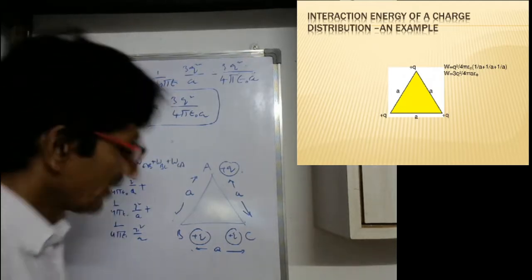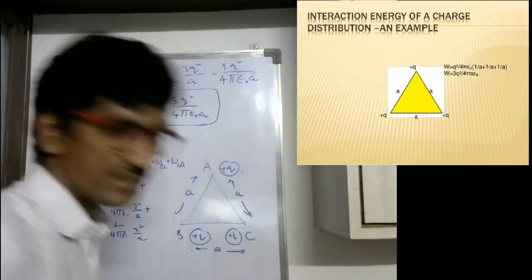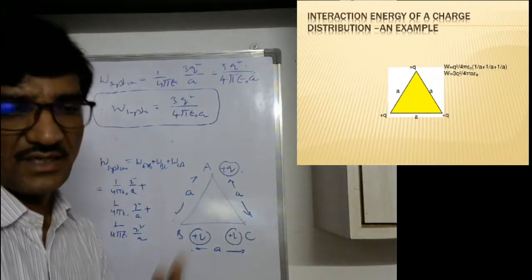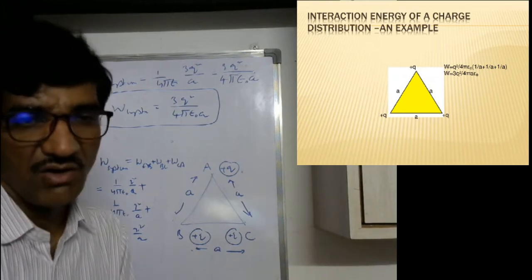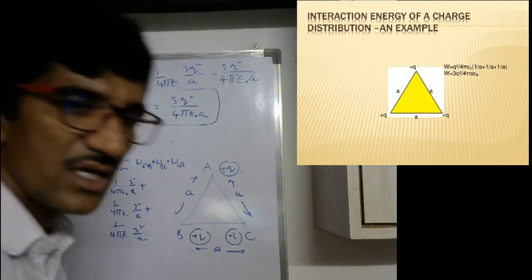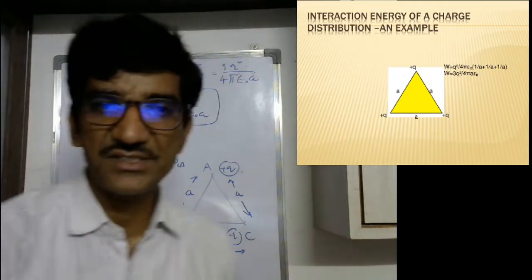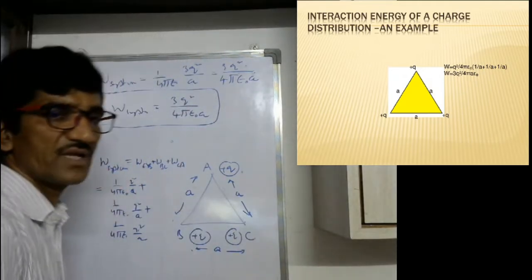Right. This is one method. This is a straightforward method. We are considering each and every interaction in the system, and we are adding all the interactions in order to get the total interaction of the system, or the interaction energy of the system.